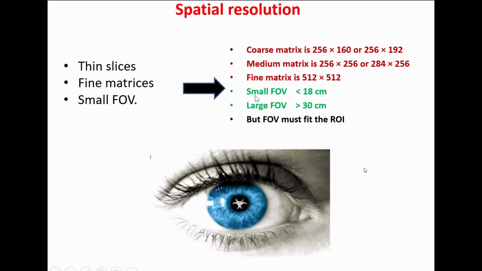When you say finer matrix, it is the maximum possible on your platform, so it could be 512 by 512. When I say smaller FOV, it is anything less than approximately 18 centimeters, and a larger FOV is anything more than 30 centimeters. But please be careful, whatever your FOV, it should fit the region of interest that is being imaged, right?